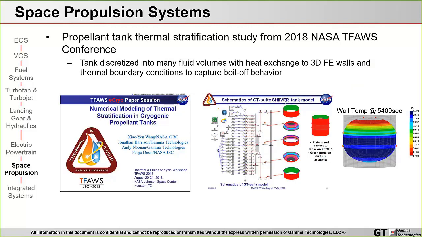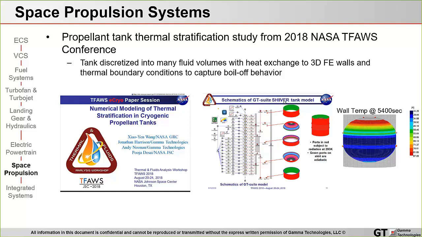And then another case study is looking at the realm of tank thermal stratification. There was a study done back in 2018 at the NASA TFOS conference, which examines the effect of tank thermal stratification and its effect on boil-off behavior inside the tank.